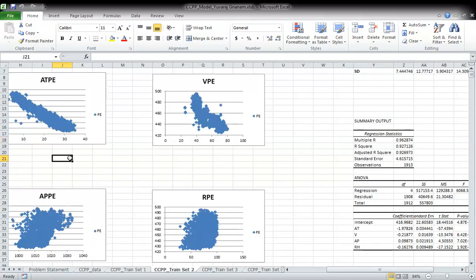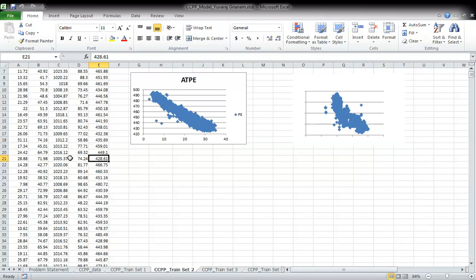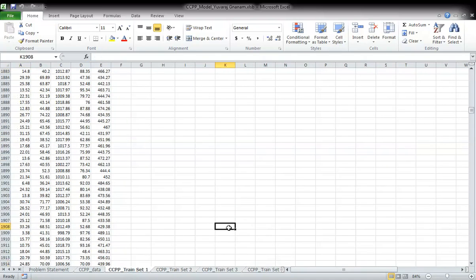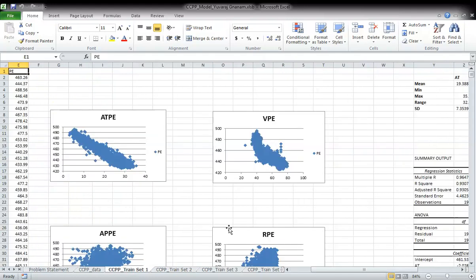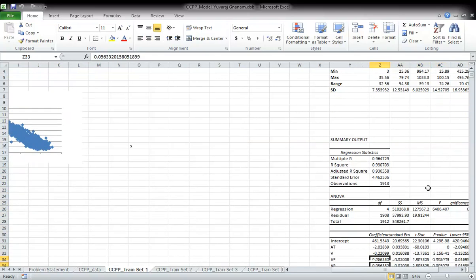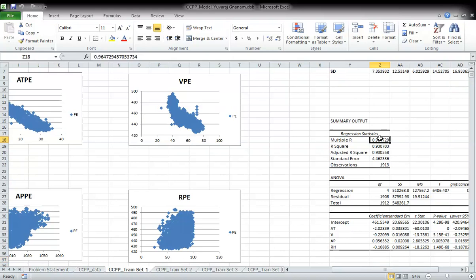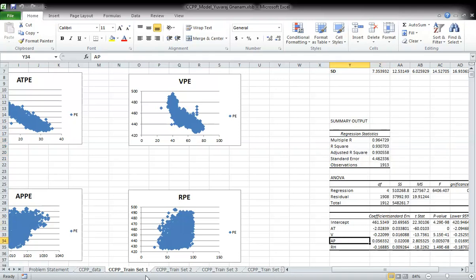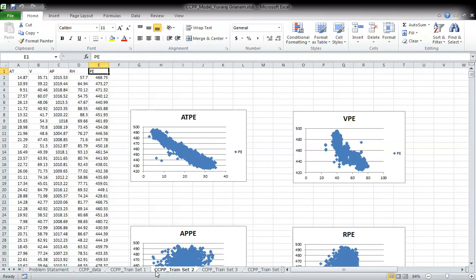I used the Excel model of output for each of the train sets, and then I ran the data analysis. The data analysis output is captured here in each of the tabs of the four different training sets, wherein we have the multiple R square, standard error, and things like that, and we also have the coefficients for each of the models, right? So this was captured for all four training sets.